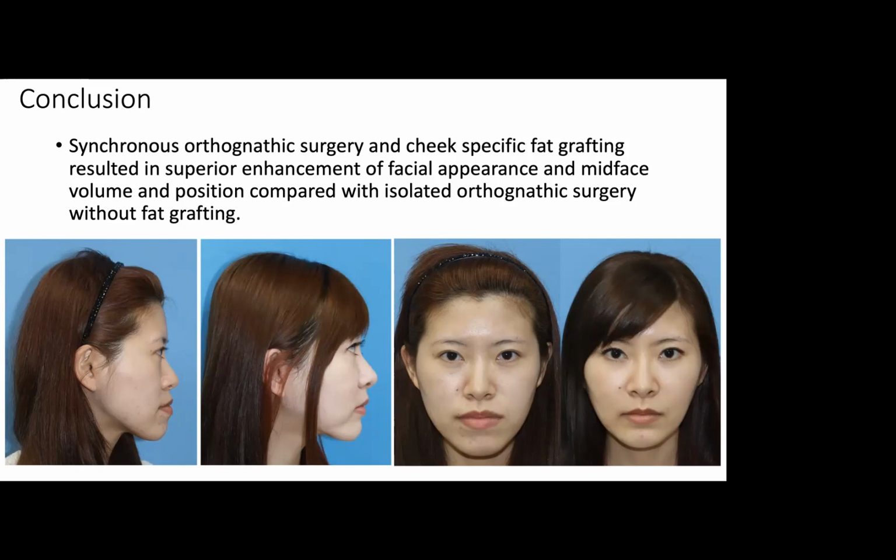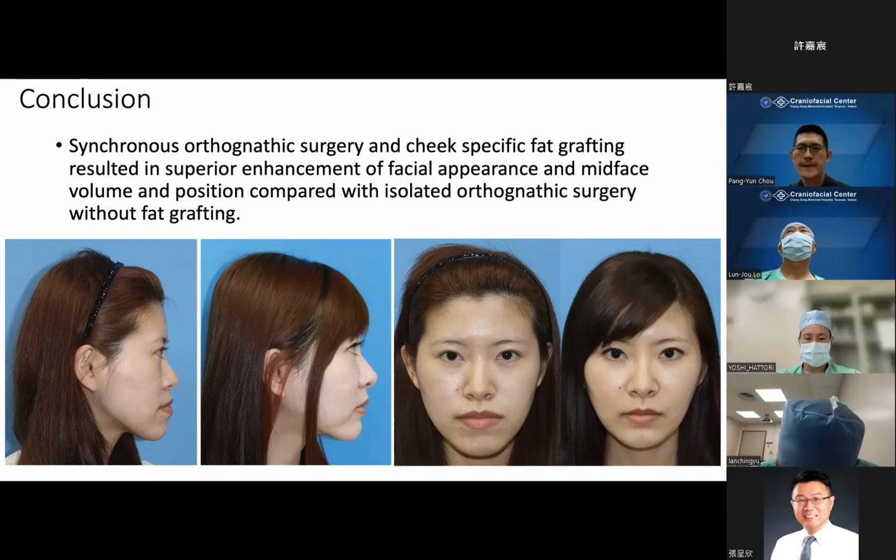Dr. Li from China, currently living in the US, published a paper on the volume needed for every subunit of the face in each person. I think we should stick to our plan.